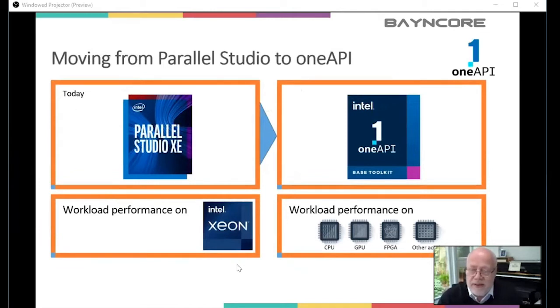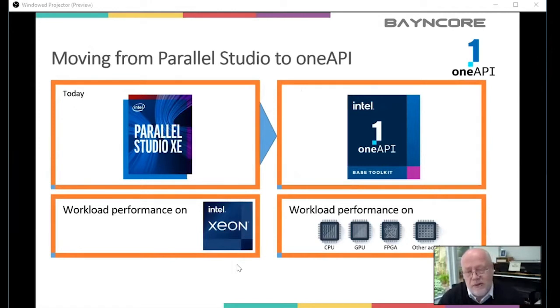This presentation is on the assumption that you're already using Intel Parallel Studio. The purpose of this session is to look at the practical steps: how do I move from Parallel Studio to oneAPI without breaking my great code? That's the focus.